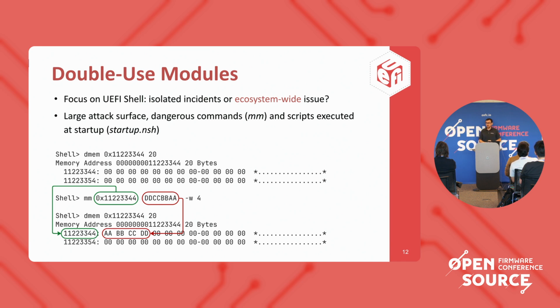It has dangerous commands, such as the command, which, as you can see, can be used to modify memory at will. And also, it reads commands from the startup.nsh script. So it's the perfect candidate for executing arbitrary commands during the boot process, even when secure boot is enabled.